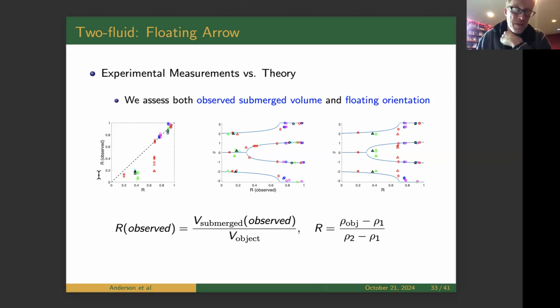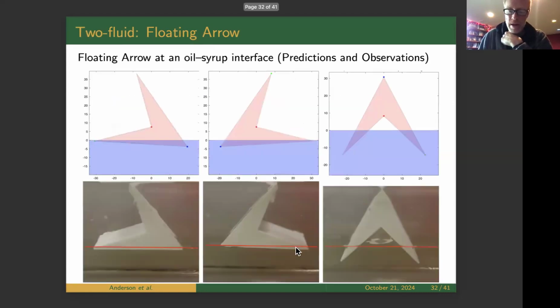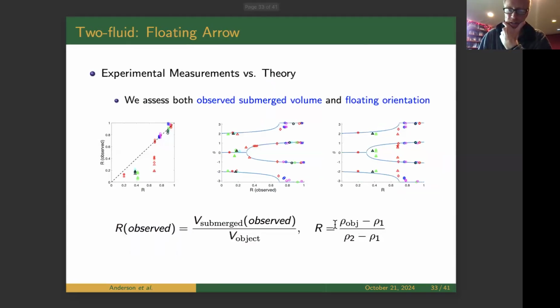So this is R observed, so we could take a look at what's the submerged area just based on what we see experimentally and what we expect to be the case based on these density ratios of the fluids and the object involved. Ideally they fall along this diagonal line.